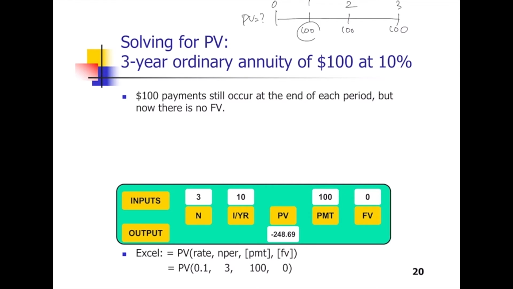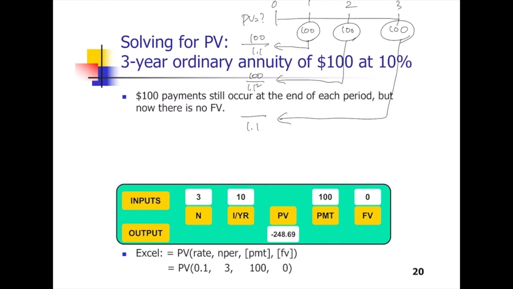So the payment at year 1 discounts one time, right? And year 2, it discounts how many times? 2 times. And year 3, it should be discounted 1, 2, 3 times. And the sum of these 3, you can get the present value, right?